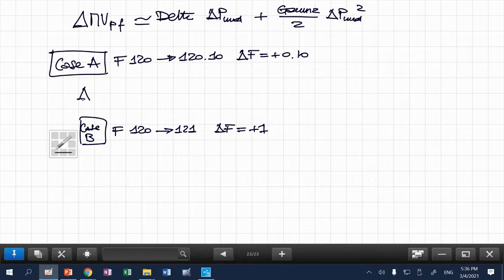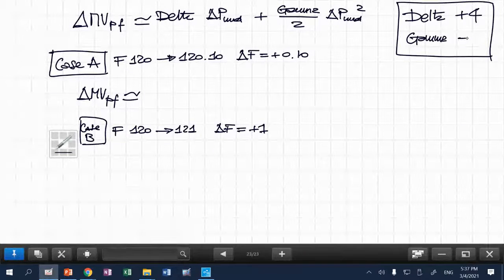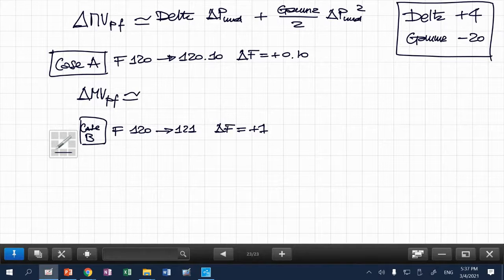What happens in the first case? In the first case, the effect which is given by delta, let me rewrite here which were the delta and gamma of this portfolio. So I had the delta of +4 and the gamma of -20. With the delta equal to +4, which is going to be the effect given to delta?